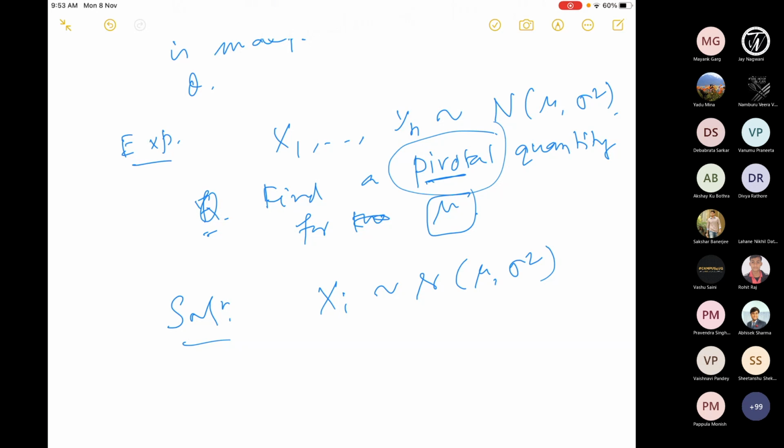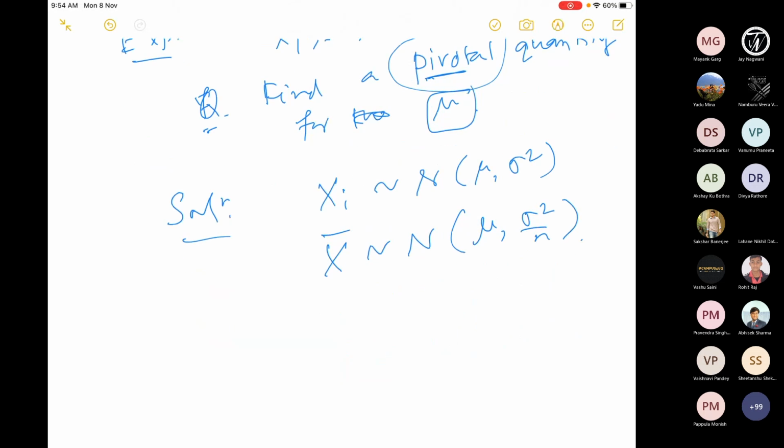Now here, for example, you see x bar. If the xi's are normal, then what is the distribution of x bar? Normal. What is the mean and variance? This is mu and sigma square by n.